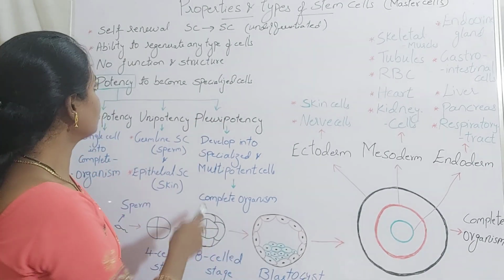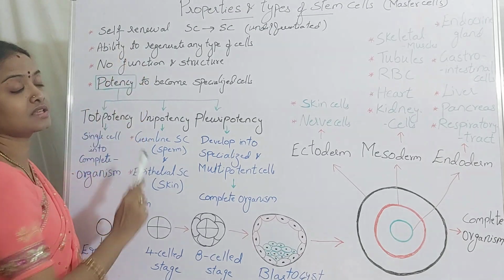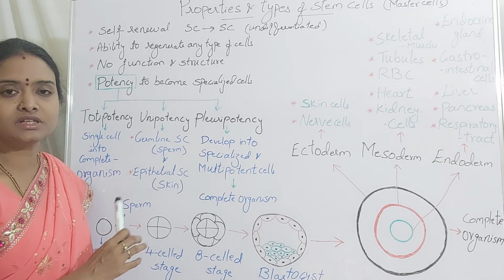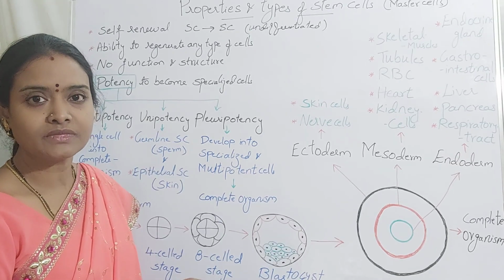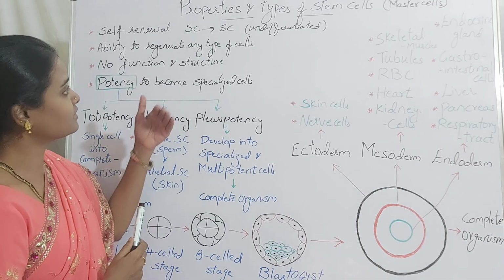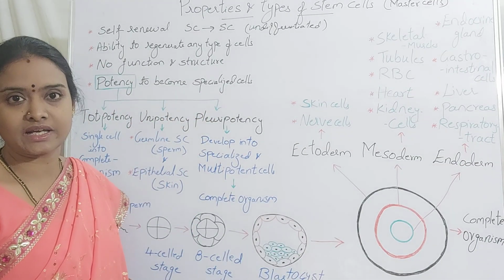So these are the main properties of stem cells: the first is self-renewal, the second is the ability to get transformed into any type of cell present in the organism, and the third is that they don't have any function and structure. Once they attain the function, they get transformed into specialized cells.